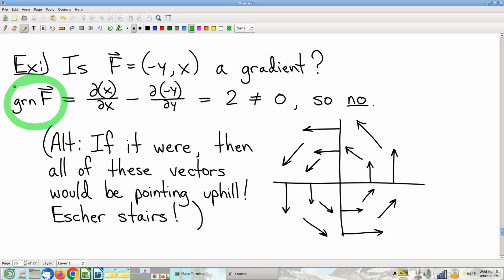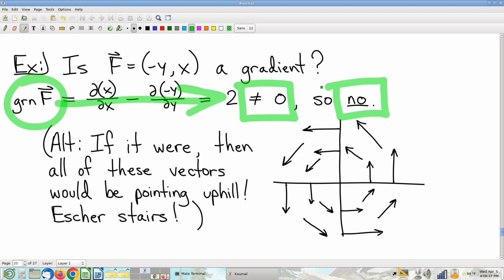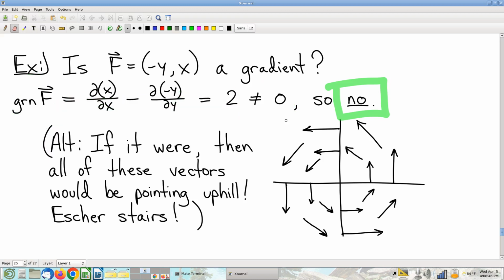So we compute Green's operator, and check it out, we get not 0. And so therefore this is not a gradient. Again, not a gradient. Everybody buy it? Now what's nice about this example is it comes with some attached geometric satisfaction as follows.